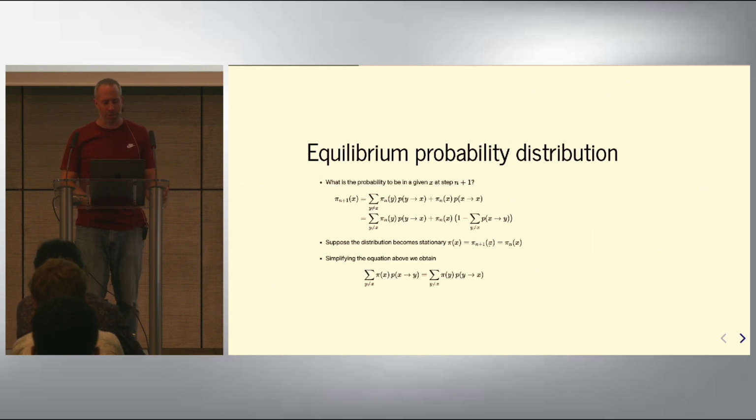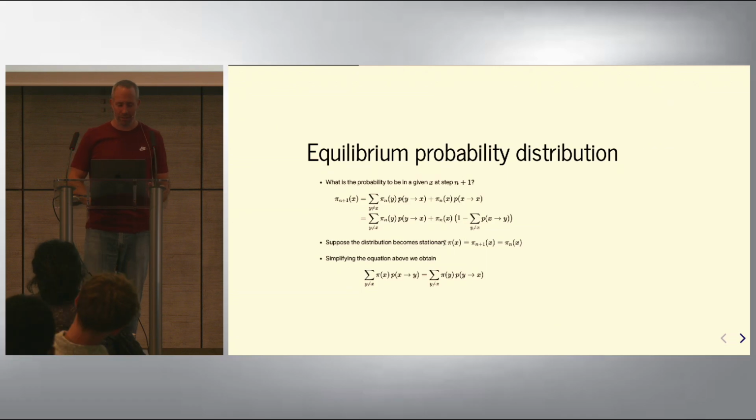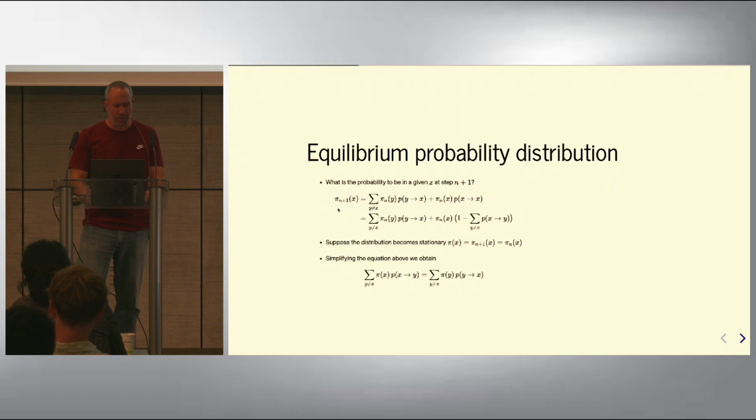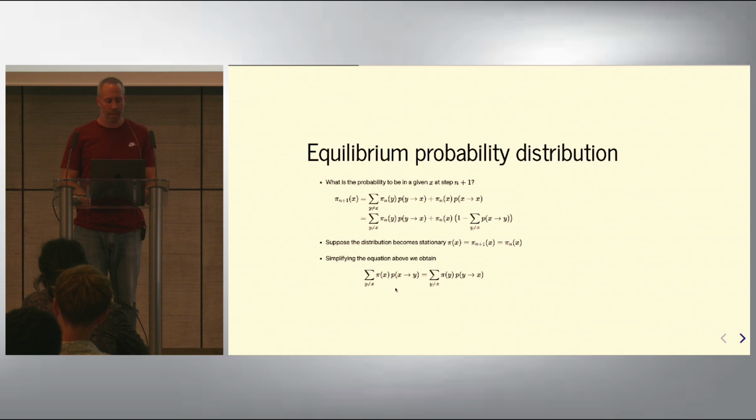So pi n plus 1 will be the same as pi n, and this is my stationary probability distribution pi of x. Again, there are some assumptions for this to happen, but they're not too strong. Okay? So if I take this and put all those pi's to be the same, I obtain this simple equation here, which you see relates and connects my stationary probability distribution to my transition probability.